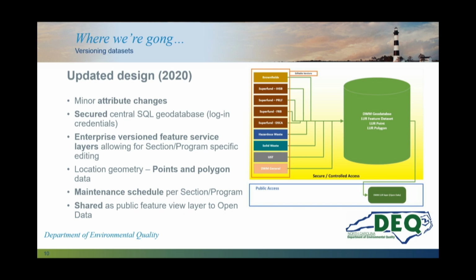Along in that time, we started to get more invested in enterprise GIS technology, I guess you would say. So we built a SQL Server database structure, and then we hooked that to enterprise GIS, making that SQL database an enterprise geodatabase.